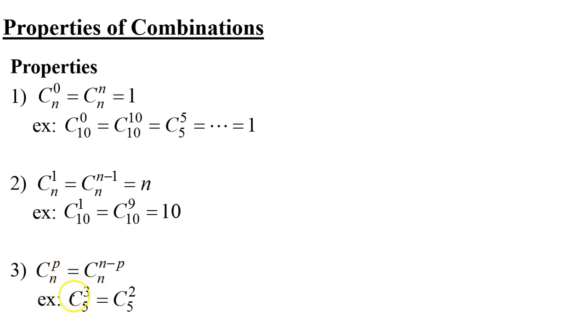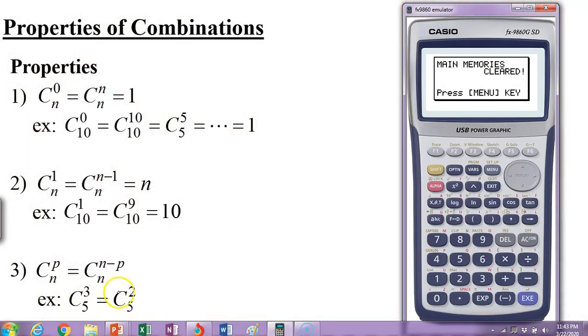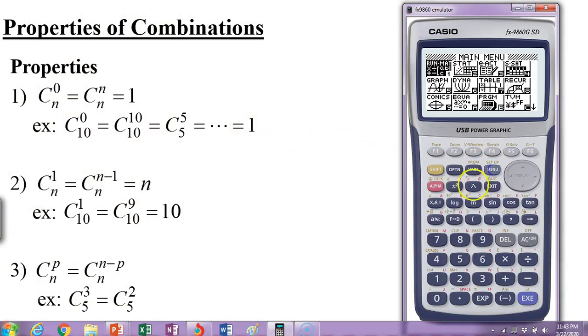So for example, over here we have the combination of 3 out of 5. Now the combination of 3 out of 5, the difference between 5 and 3 is 2. So the combination of 3 out of 5 is basically equal to the combination of 2 out of 5, and we could in fact confirm this on our calculator.